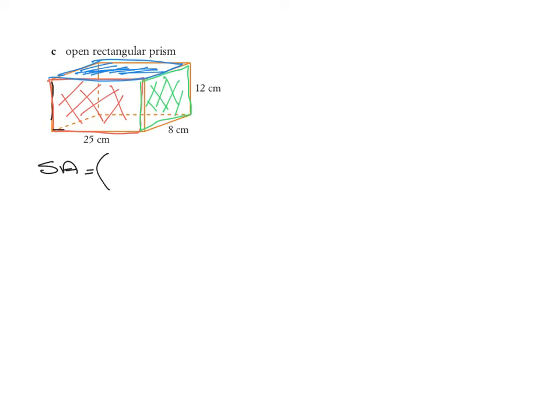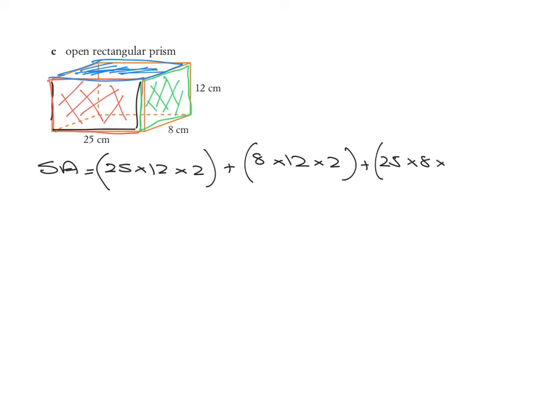So you've got the 25 by the 12, and you've got front and back, 8 by 12 for the green, and again it's doubled, and the top 25 by 8, and of course there's the bottom. And as your little double check, 25 is mentioned twice, 12, 8, so I know I haven't accidentally done the wrong dimension somewhere.